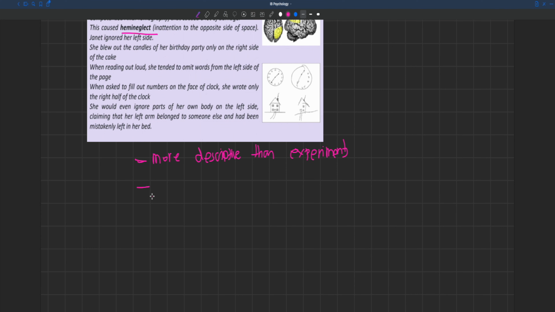This means that it cannot be an experiment. And also, in this study, the interpretation of the result is mostly subjective and less objective. And also, it focuses on one single case or phenomenon.